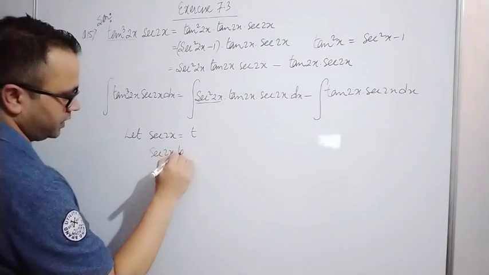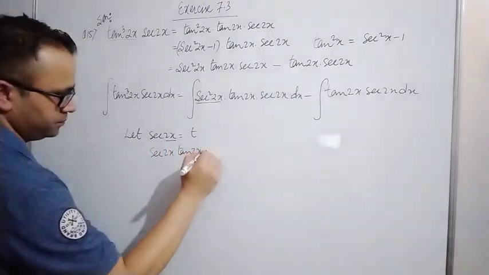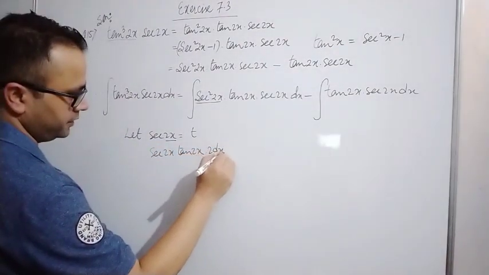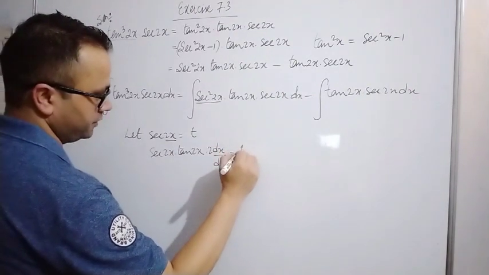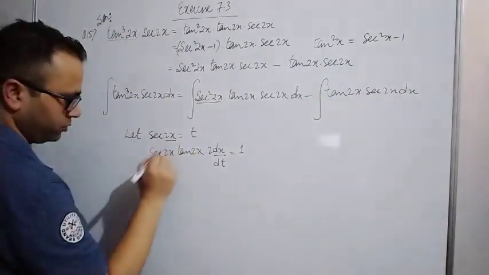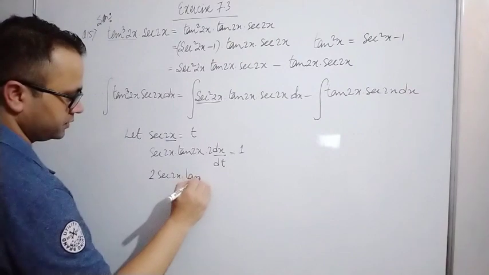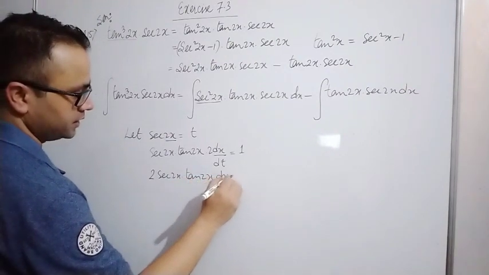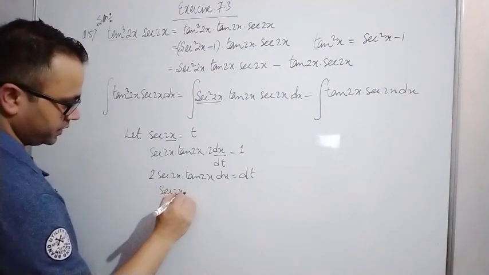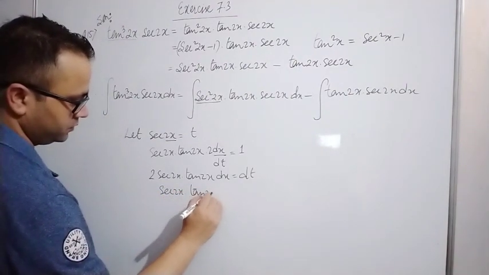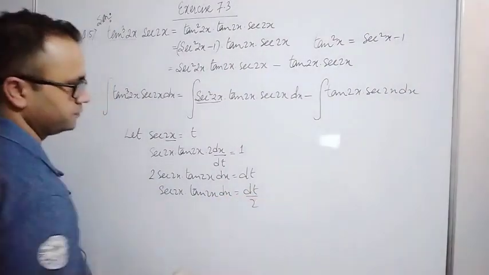Sec 2x tan 2x, and again we differentiate: 2 dx by dt equals the differentiation of t with respect to t, which is 1. So this equals 2 sec 2x tan 2x dx equals dt. Sec 2x tan 2x dx equals dt by 2.